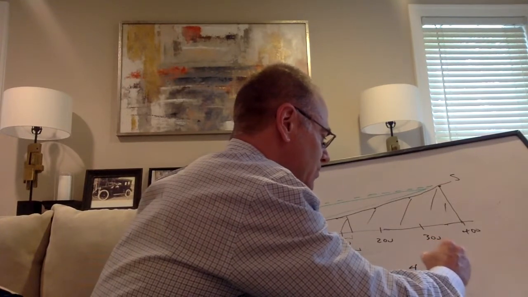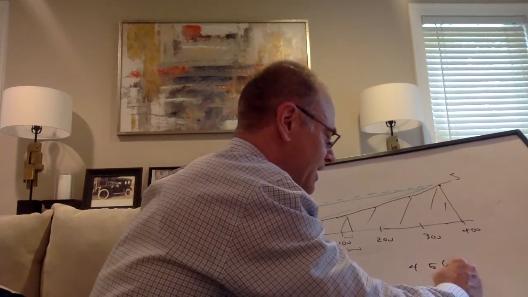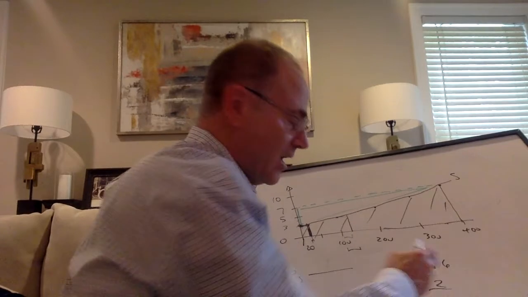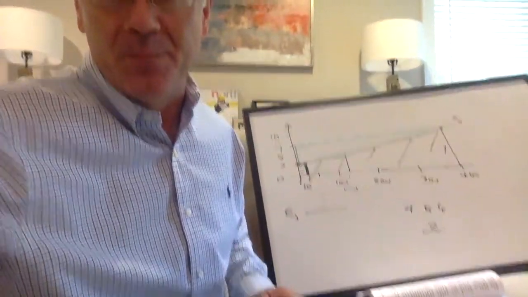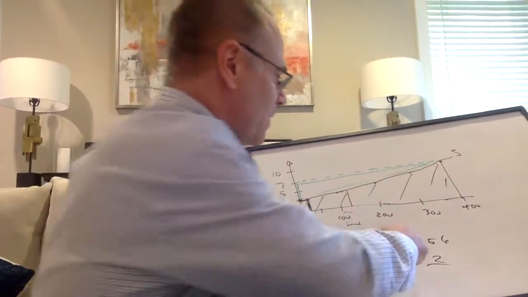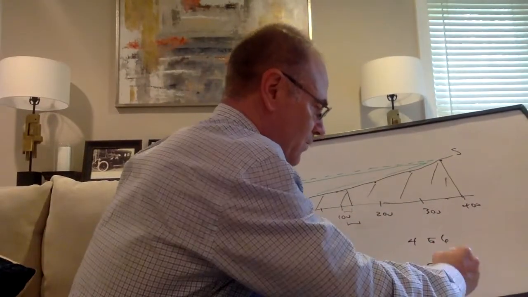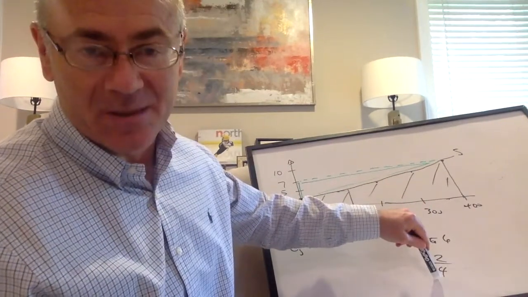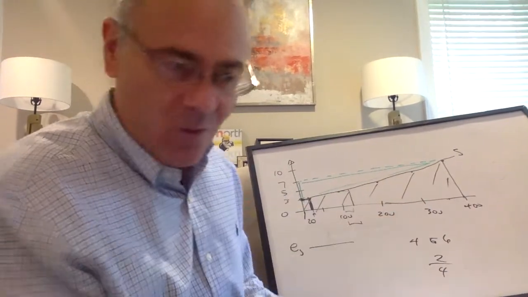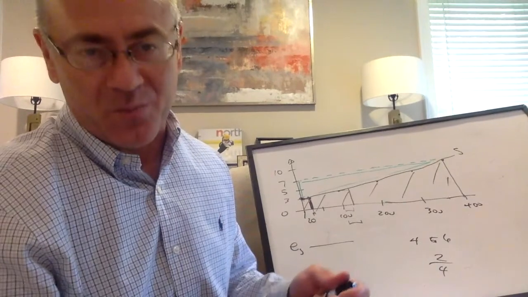Okay, so it goes from 4 to 6. The change in price is $2, divided by the base. You could put 4. Alternatively, you could have put 6 as the base, or you could put the midpoint.